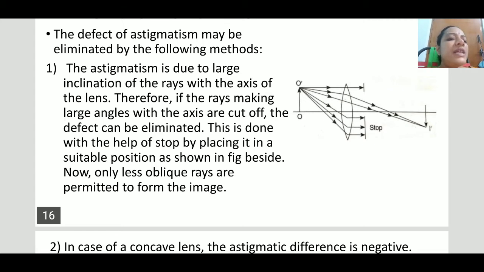Therefore, if the rays making large angles with the axis are cut off, the defect can be eliminated. By using a stop, as you are observing in this slide, only some rays are allowed through this stop.